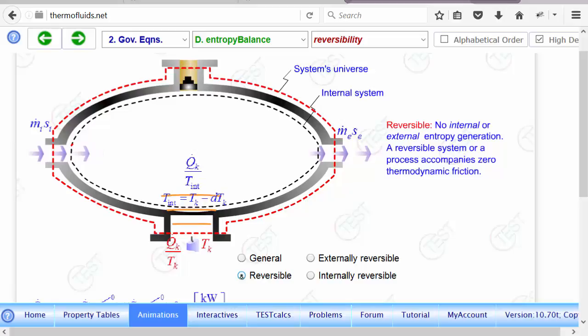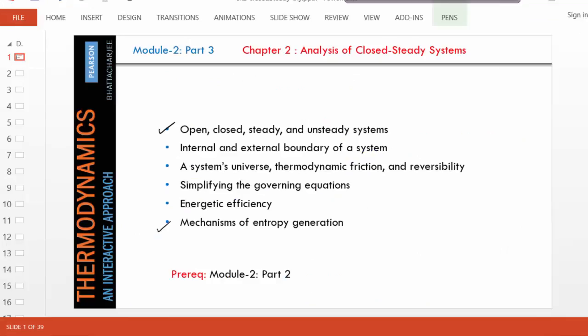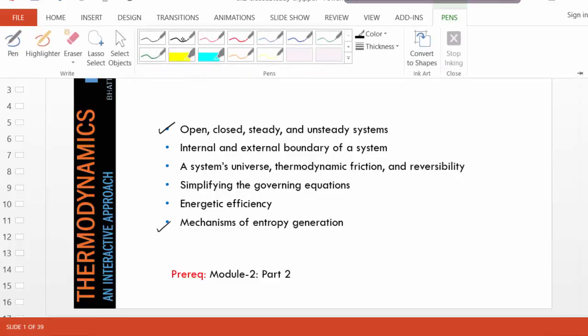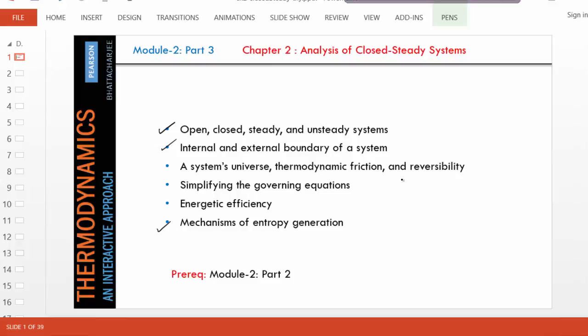And that's the idea of entropy generation versus a different kind of system based on entropy generation. Okay, so now that we have covered the internal and external boundary of the system, what is reversibility, and even energetic efficiency, which we call the desired output versus required input.